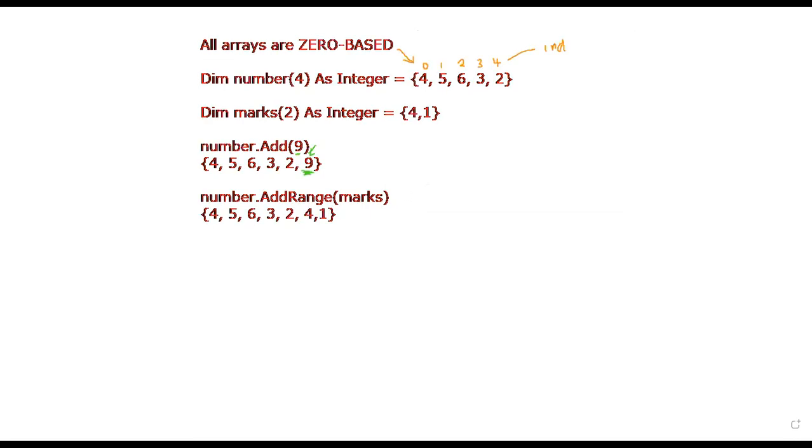So if you go back again, you see that add max adds the elements of max, 2 of them. So it will append them to the array number in this form. So that's the difference between the add method and the add range method. I hope we all get it.